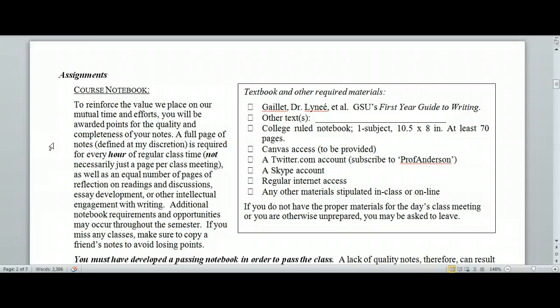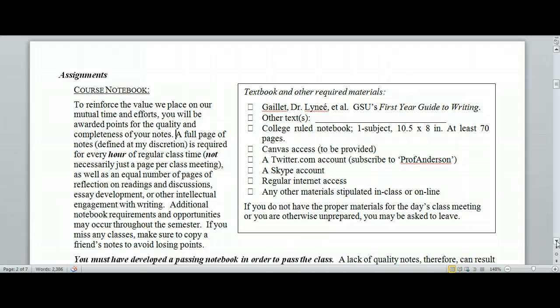So if we're meeting for 3 credit hours per week, per semester, I want you to have a full page of notes for each of those credit hours, not necessarily a full page of notes for the number of times that we actually met, which means that those people who are going to class on Tuesday and Thursday are actually going to have to crank out a page and a half of notes per course meeting. Okay?